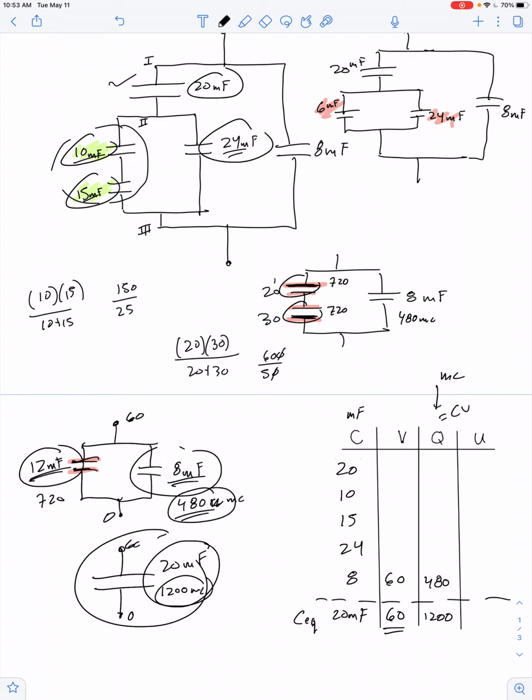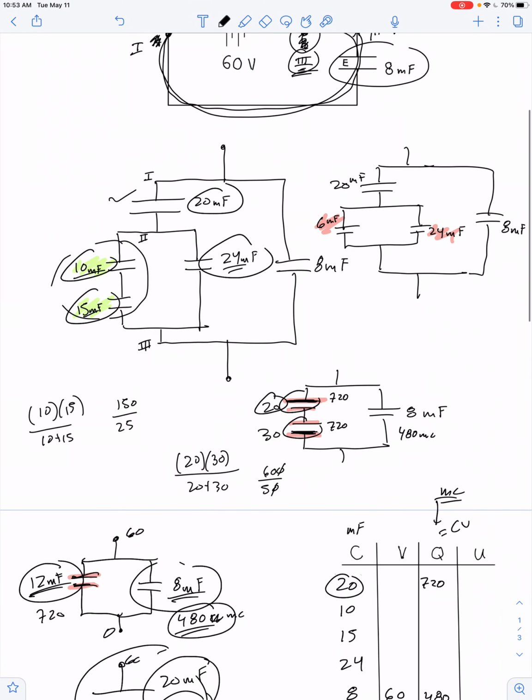So this one is this value here. Okay, so 720 millicoulombs. And that takes us back a step to here. 720 millicoulombs, 480 millicoulombs, and then this 720 millicoulombs is shared by these two capacitors.